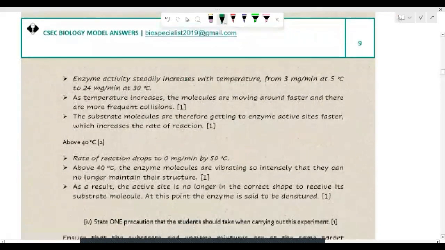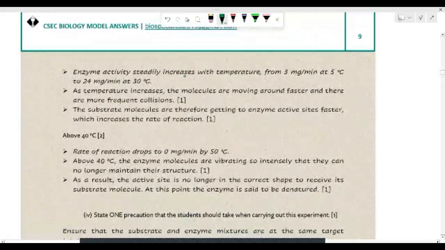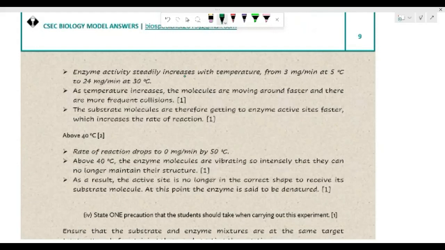It's 2 marks. It's always best practice, I should say, to quote your data, right? Whenever you want to explain or describe a graph, parts of a graph, even a table, any kind of data that's being presented, you should quote your values, right?